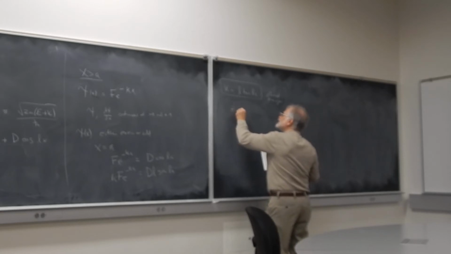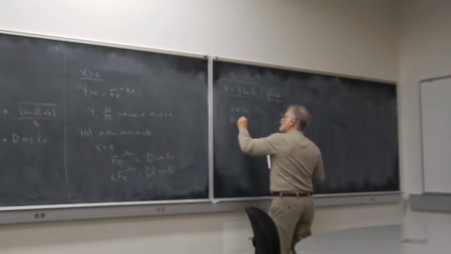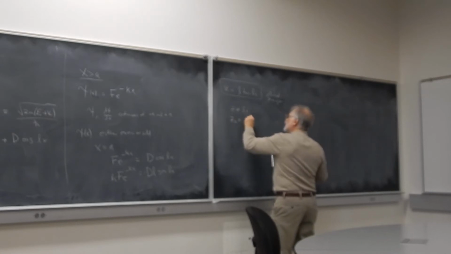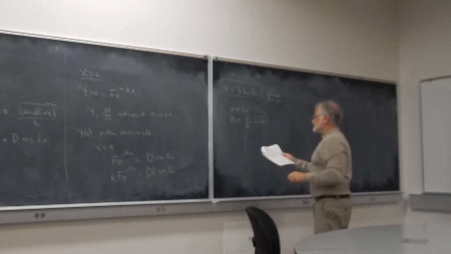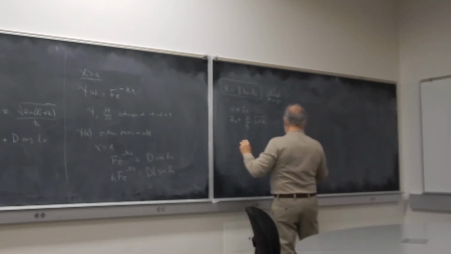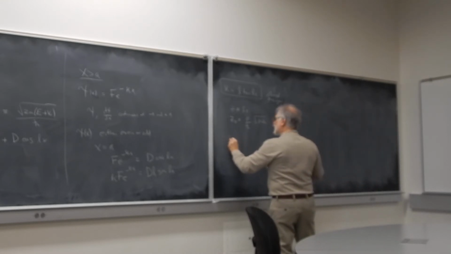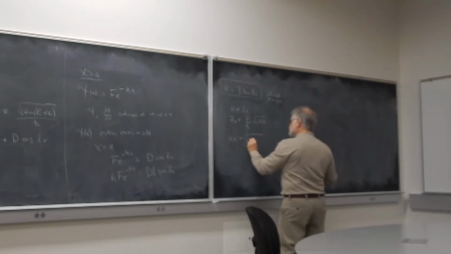Let's define z as l times a, and let's define z naught as a over h bar times the square root of 2m V naught. We'll use those to make our equation look a bit nicer. That means kappa times a can be written with those substitutions as the square root of z naught squared minus z squared.